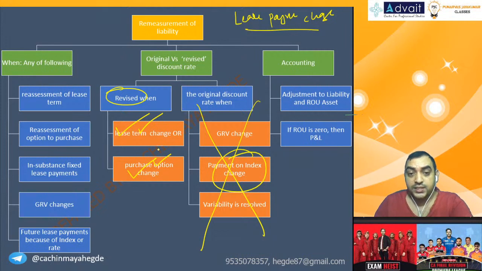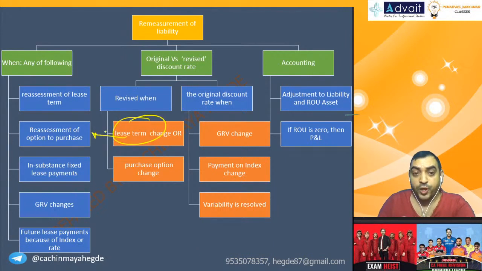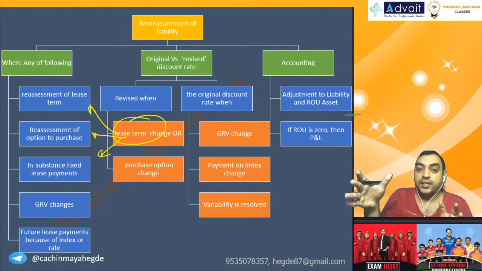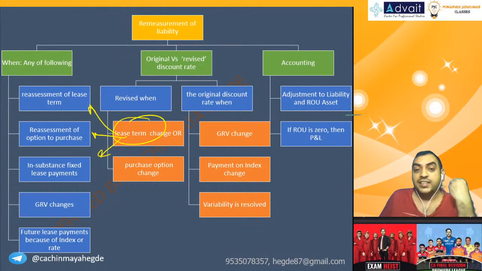But the change in lease term because of these points, reassessment points have come, some additional evidence has come, your thought has changed, because of that, when those estimates change, that is only remeasurement. If the original contract is 10 years, now Corona came, let's say we now okay, we'll only go for 4 years, that is not remeasurement, that is lease modification. So don't think anything other than this is remeasurement.